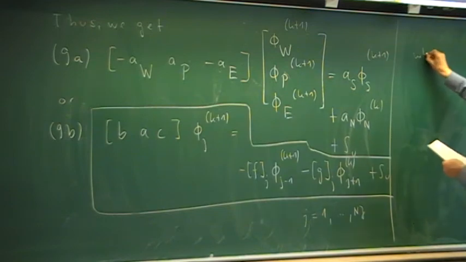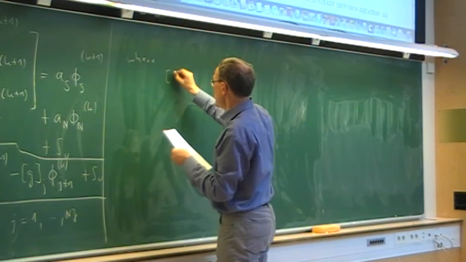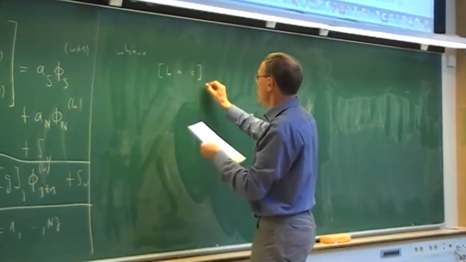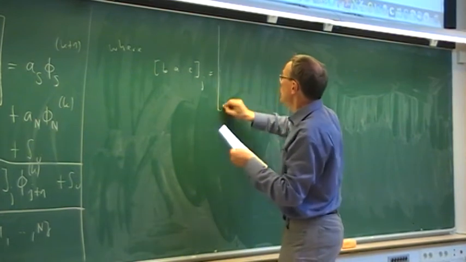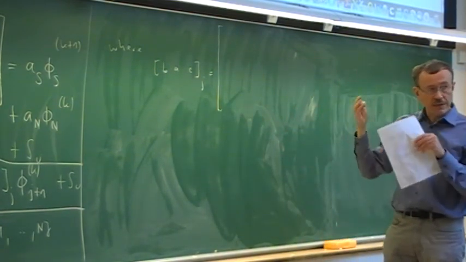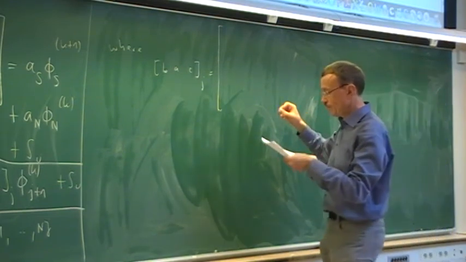And in here, the notation is that the B, A, C, J is denoting. Now we don't need to take the boundary points into account. They will be taken into account by the boundary conditions that we have set at the boundaries.